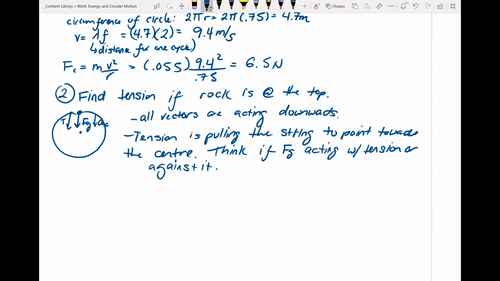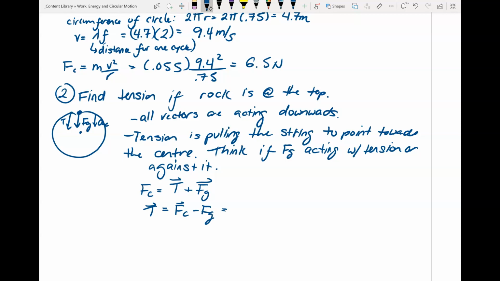Now let's try to write this into an equation. Our centripetal force is the sum of these forces, which is the tension of the string plus our force due to gravity. And we want to solve for tension, so I'm going to move FG to the other side. So FC minus FG will give us our tension.